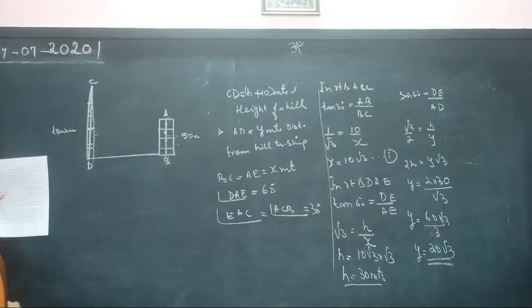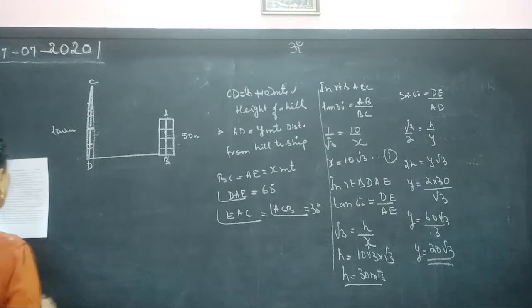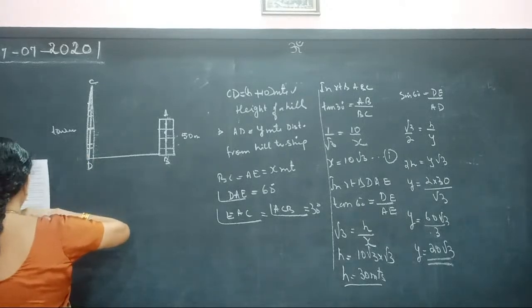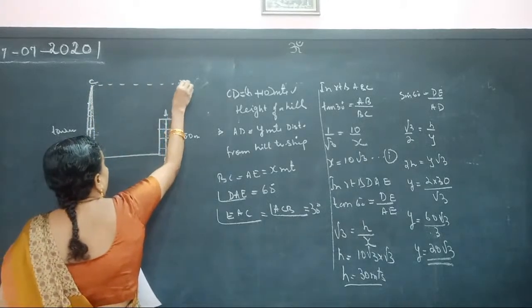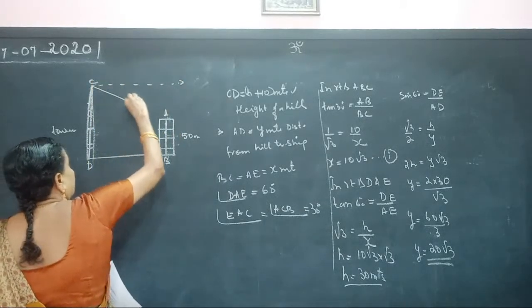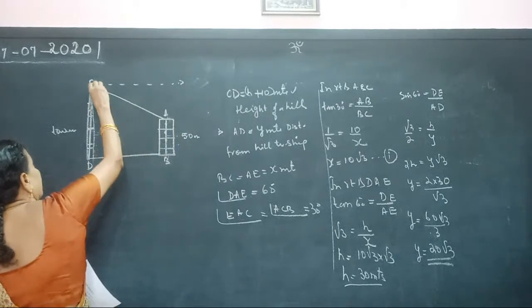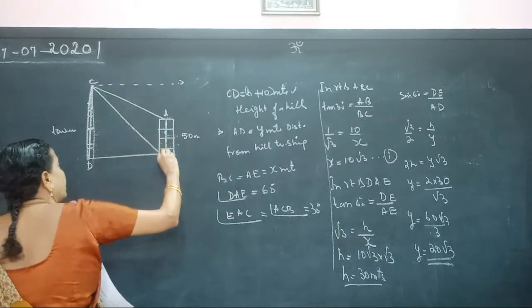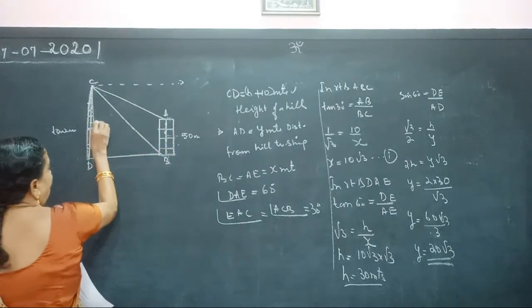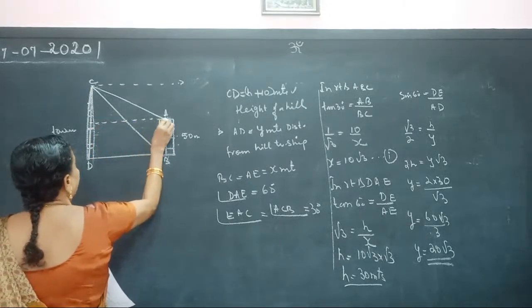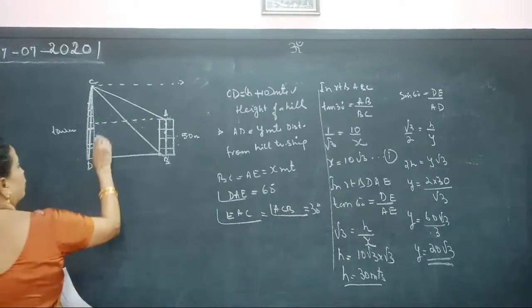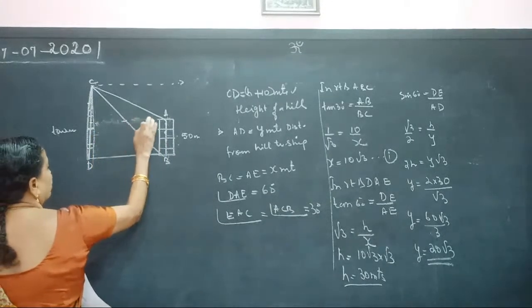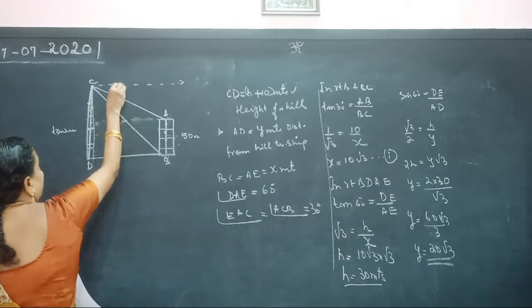The angle of depression of top and bottom of a building from the tower, so here we consider depression showing top of the building and bottom of the building like this. Not necessary this portion, we can consider directly.